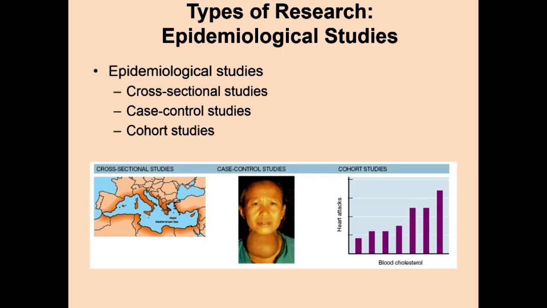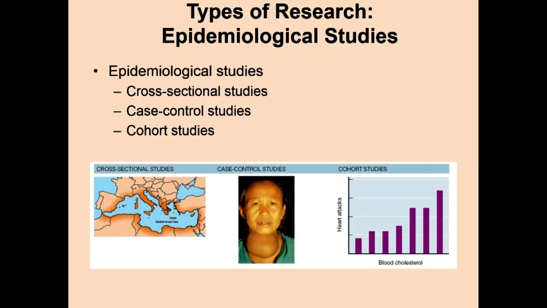Well, in cross-sectional studies, researchers observe how much and what kinds of food a group of people eat and how healthy those people are, and their findings usually identify factors that might influence the incidence of disease in various populations. An example of this is the Mediterranean diet.